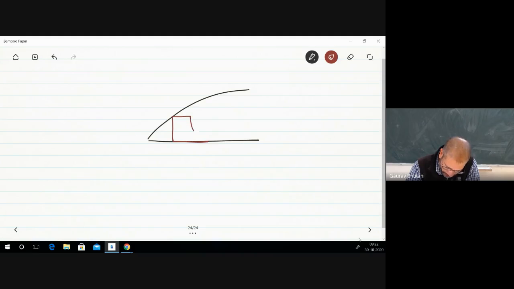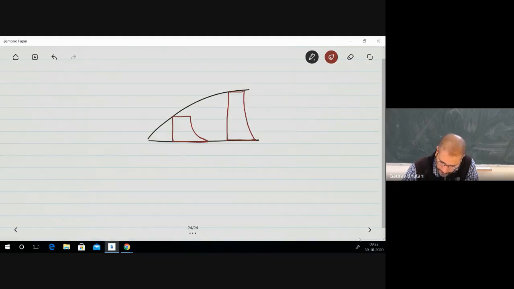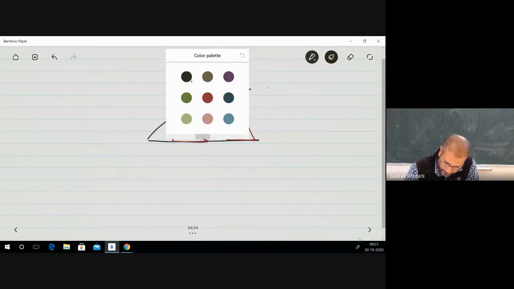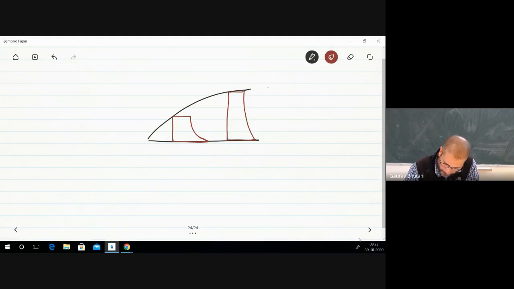It's much easier to draw these effects. Yeah, two cases are enough.